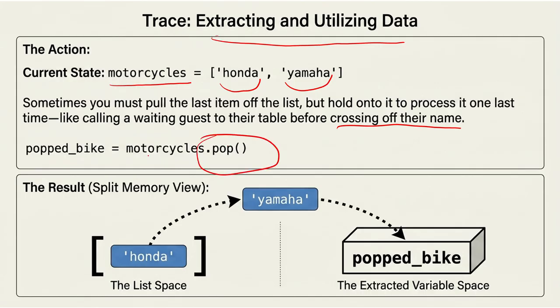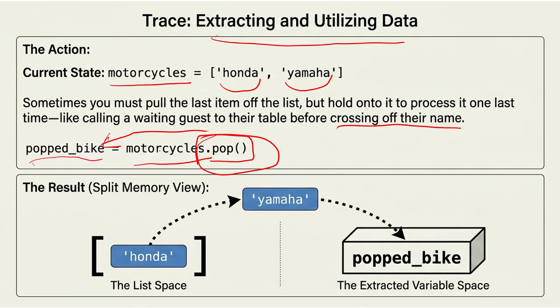Whenever you call motorcycles.pop on your list, in this case it will remove the last item, the item present at the very end of the list. It removes that from the list, but it stores the removed item in a variable.